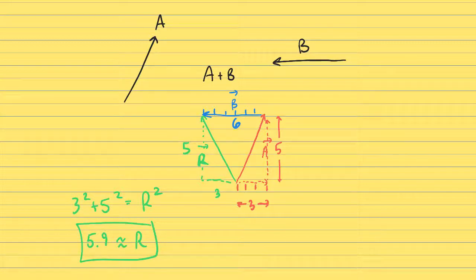Here's my vector right here. My nearest x-axis is right here. The other x-axis is all the way back over here. I have to go back over 90 degrees to get to that x-axis. So theta is this angle right here. It's always the angle between the resultant vector and the nearest x-axis.